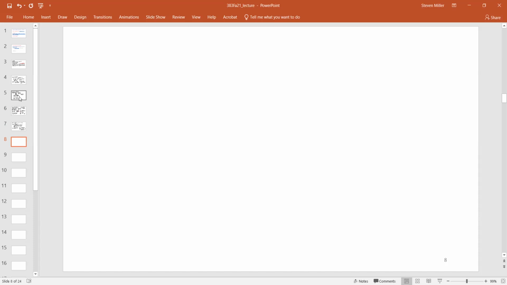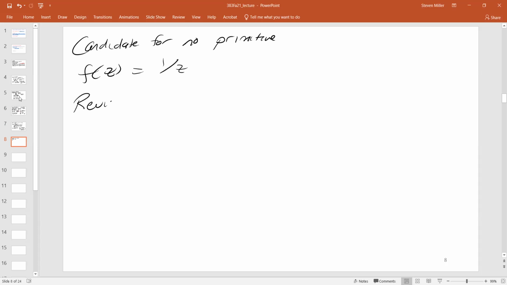So can somebody give me a function that doesn't have a primitive, or at least is a candidate for not having a primitive? Great. So candidate for no primitive. And this is f of z equals 1 over z. So let's revisit real analysis.